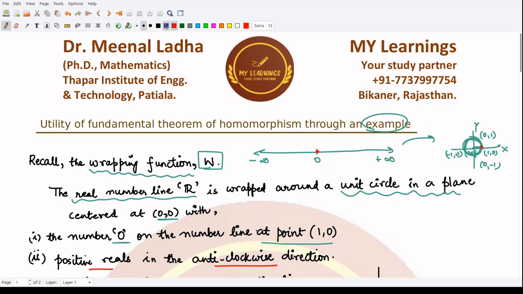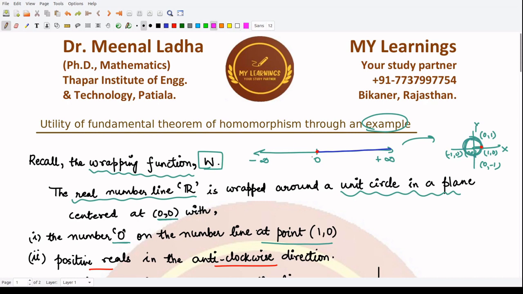So that means the whole of your positive reals are mapped starting from this point in the anti-clockwise direction. Now because there are so many numbers, they keep on rotating like this. So they would repeat their values after a certain interval, correct? But we have to move from this point (1, 0) in the anti-clockwise direction, right?